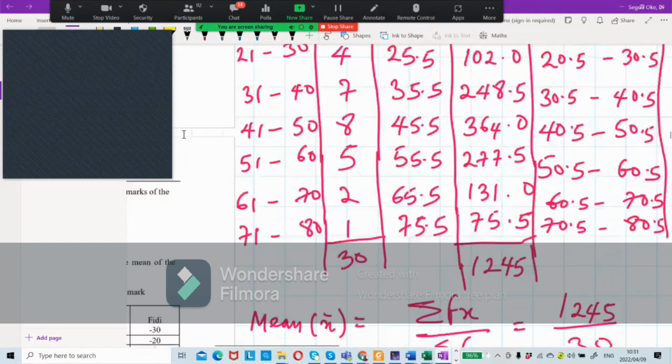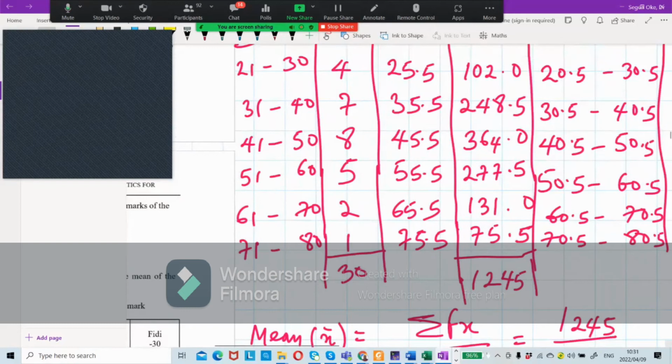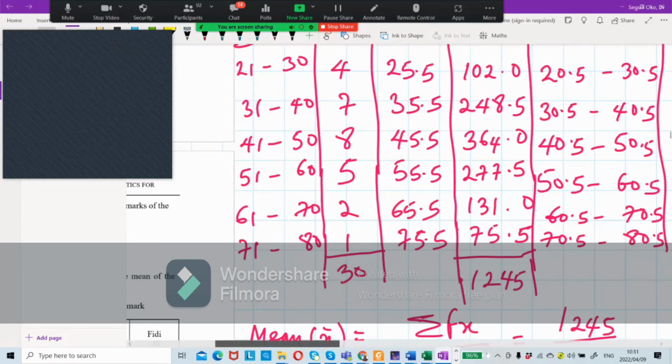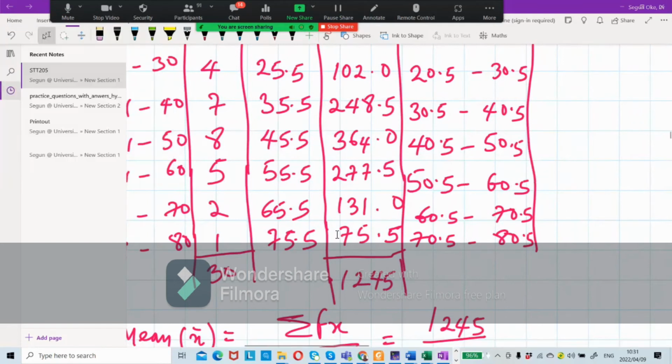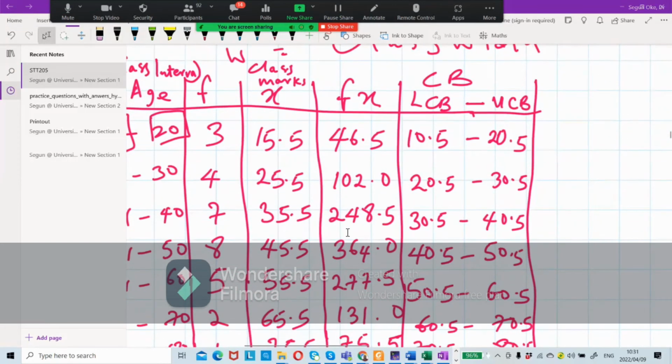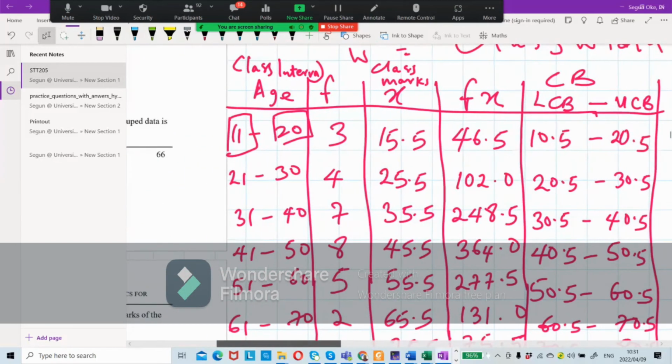But for us to get the median class... Wisdom, what's the question? In this question, where the class mark is not given, we see F and FS. Do we automatically know that it's class mark?